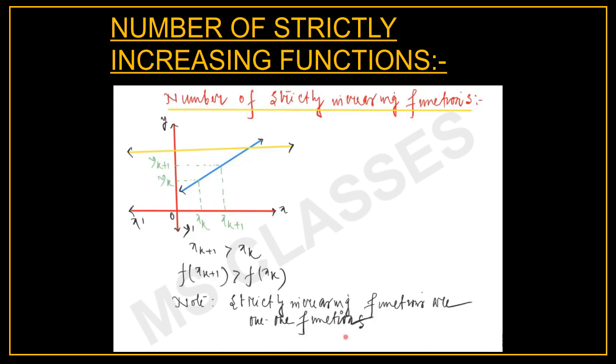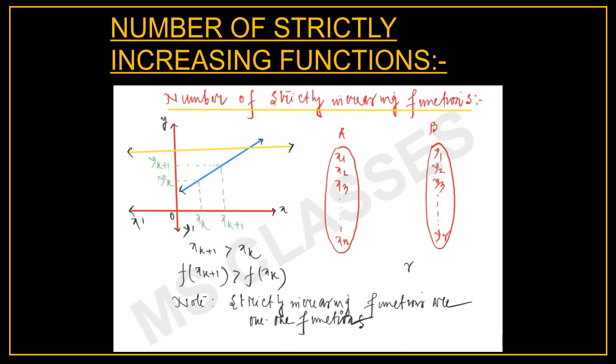Now suppose we have two sets, set A and set B. Here we have elements x1, x2, x3, up to xn, and here y1, y2, y3, up to yr. Now, since it is a one-one function, when is it possible? If it is a strictly increasing function, it is one-one. So one thing is for sure, that r has to be greater than or equal to n.